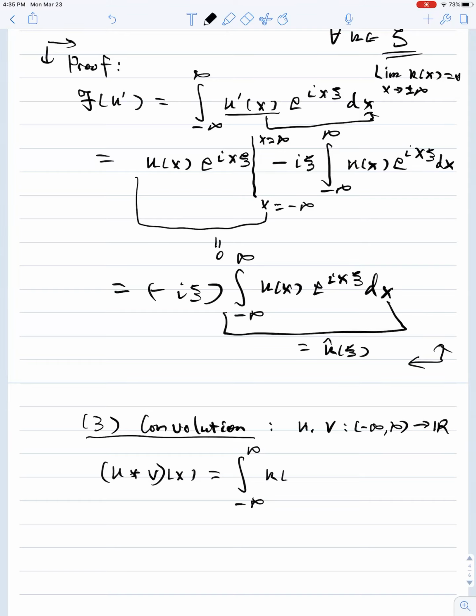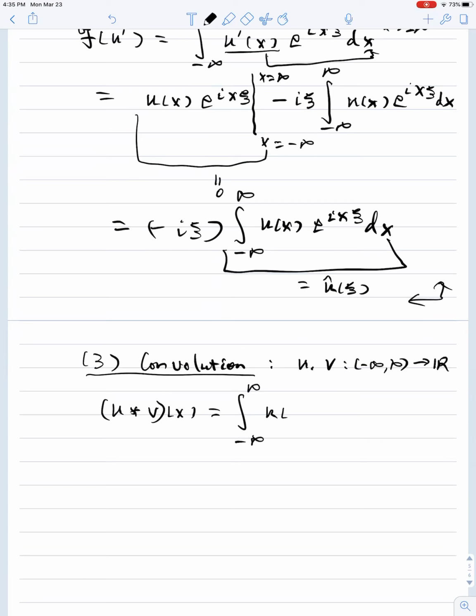I can still use y, or use tau, as my variable. So let me use y here. This should be the integral of u(x minus y) v(y) dy.